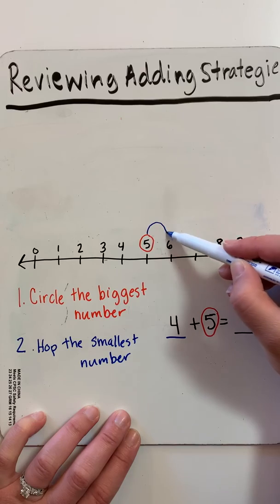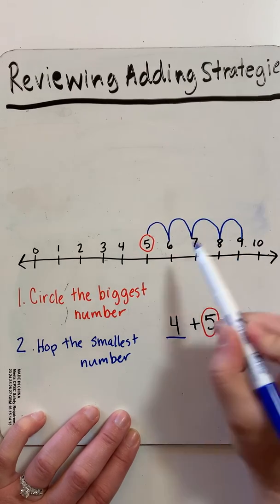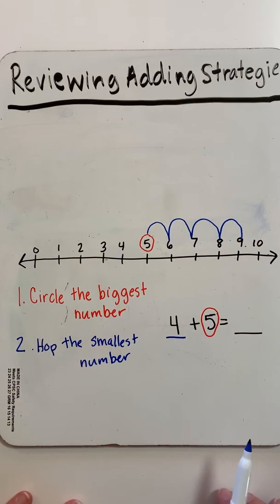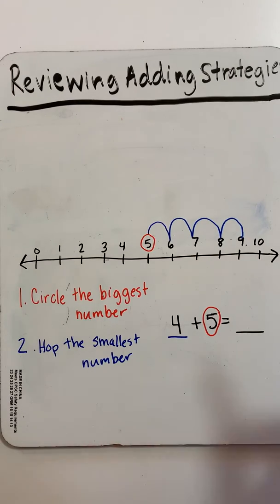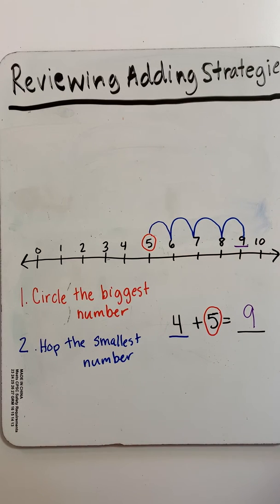Ready? 1, 2, 3, 4. Making sure I touch each of my numbers. So what's my answer? 9. 9 is my answer. It's the number that I land on.